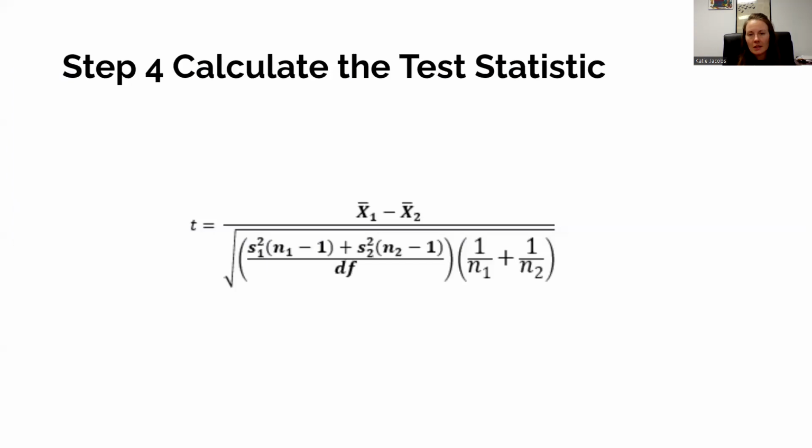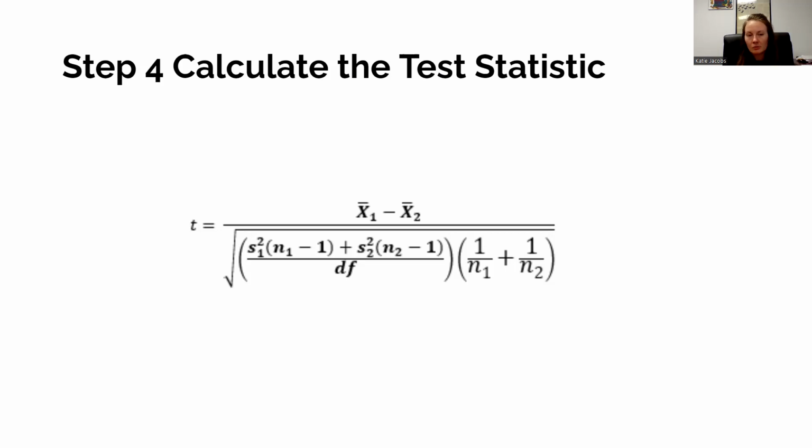Step 4, then we're going to calculate our test statistic. And you could just plug and chug this formula. We know what each of these symbols means. So we know X bar sub 1 minus X bar sub 2, so we're taking the mean of group 1 minus the mean of group 2. We know that S squared stands for variance, and we see a sub 1.